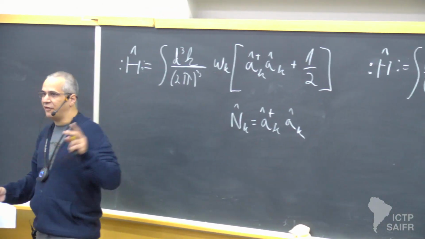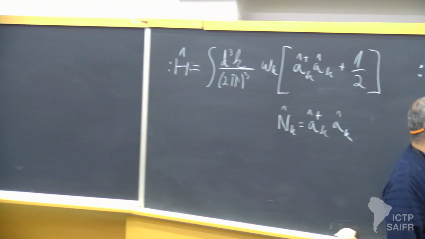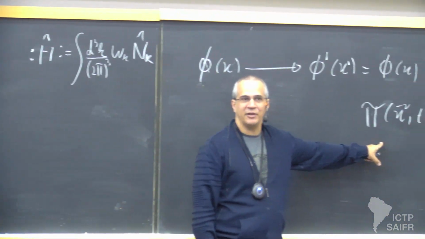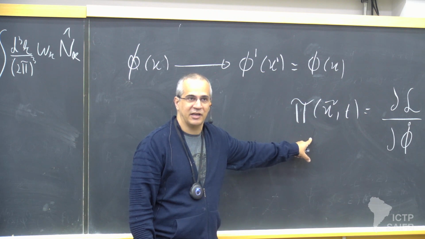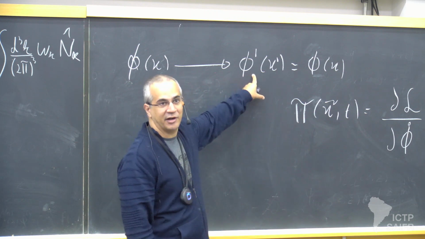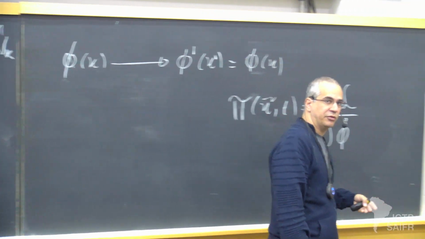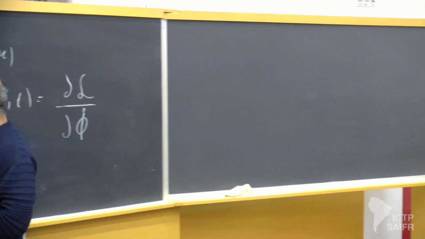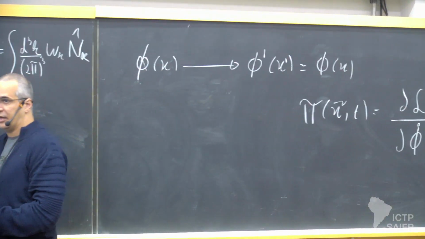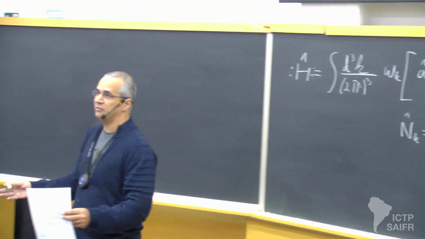Turns out that you can define a lot of other operators. I define this pi, and it's tempting to think this is the operator that will give me momentum, because it's the canonical conjugate momentum to this variable. But in fact, it's not. What you have to do to find the momentum operator is the same that I did to find the Hamiltonian operator: I have to look at the symmetries of my theory and use Noether's theorem.